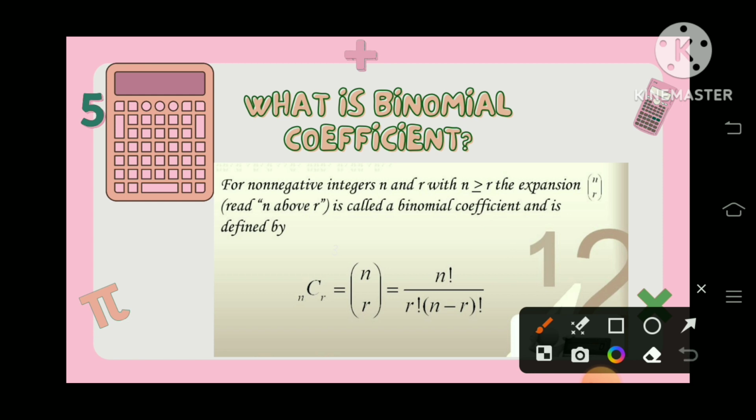How about 3 factorial? 3 factorial simply means 3 times 2 times 1. Just be careful with a special case in binomial coefficients, which is 0 factorial, because 0 factorial is always equal to 1.